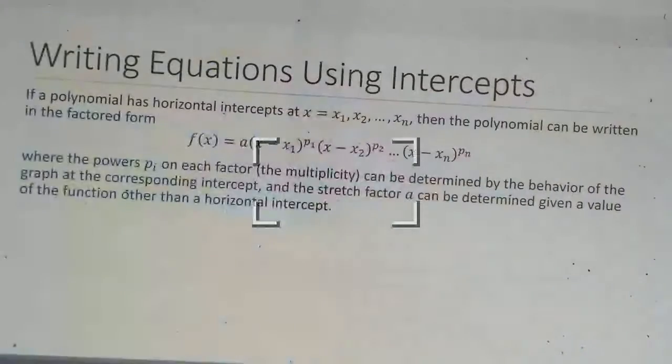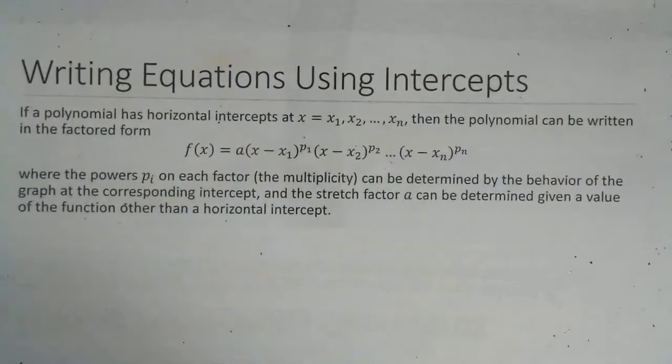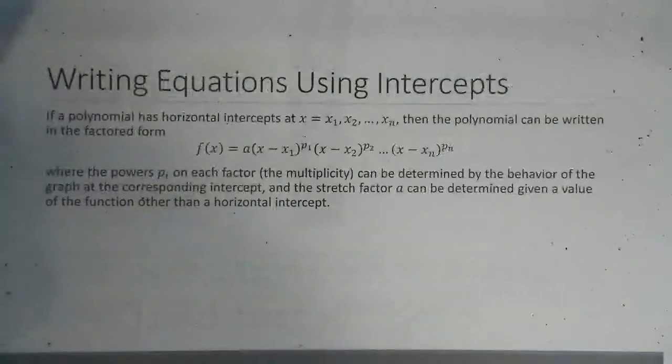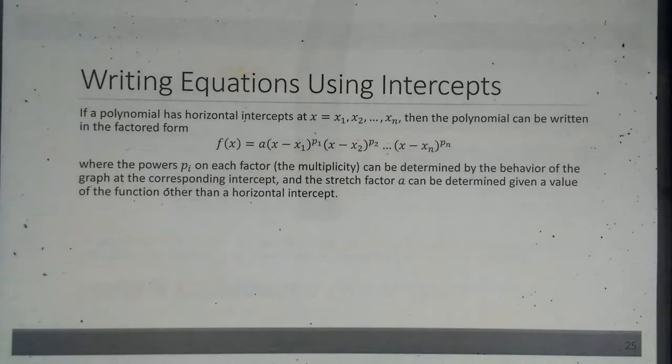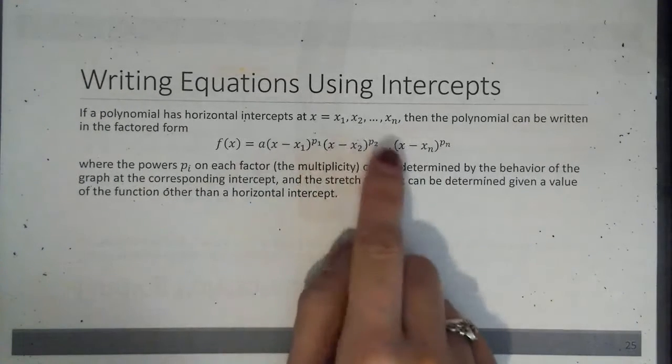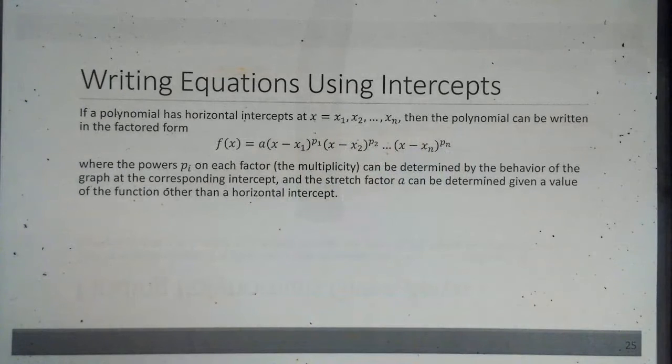So what we're going to do is see if we can write an equation using intercepts. If a polynomial has horizontal intercepts at the x values x1, x2, all the way up to xn, then the polynomial can be written in factored form as f of x equals a times (x minus x1) to the p1 power times (x minus x2) to the p2 power through (x minus xn) to the pn power, where the powers, all of these p's, are the multiplicities.